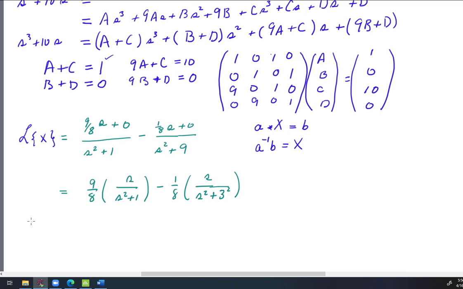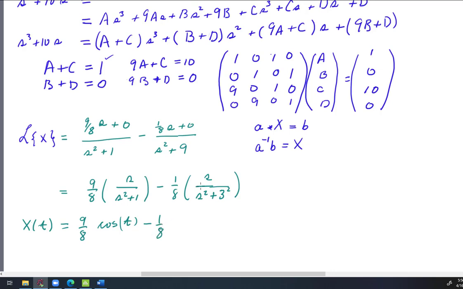So applying inverse transform to the left-hand side, I get an x of t, and looking at the table of Laplace transforms, and I wish I had one to flash up here, but you can open your book and you can see the table. You'll find that s over s squared plus 1 is the transform of cosine t, and then minus 1/8.